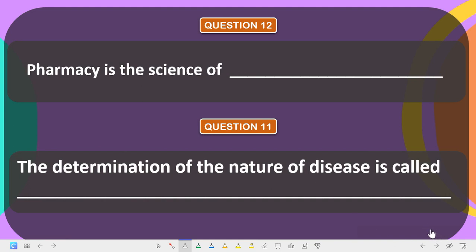Now the next, pharmacy is the science of drug making.